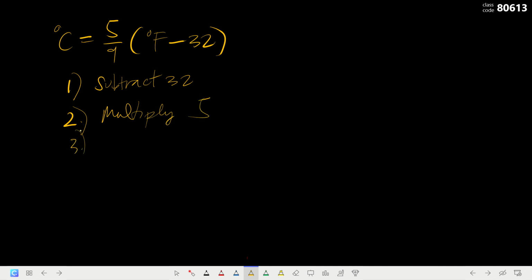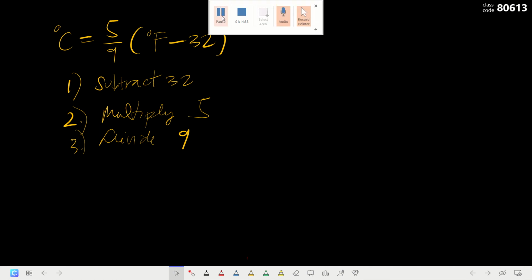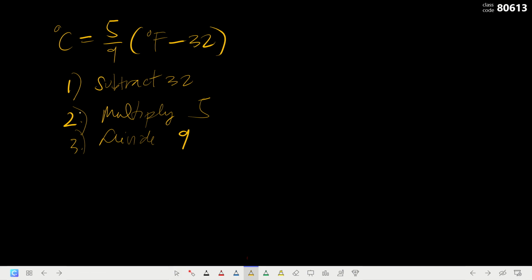And step 3, yan yung sequence natin ng operation, divide natin by 9. Okay. So by subtracting our degrees Fahrenheit by 32, multiplying it by 5 and then dividing by 9, we can convert degrees Fahrenheit to degrees Celsius.